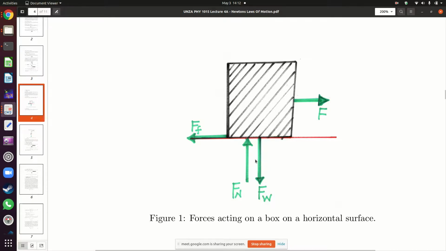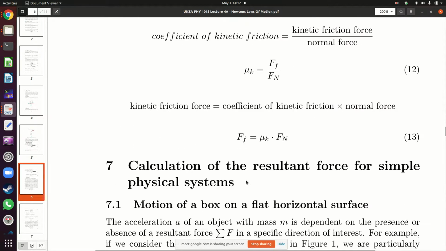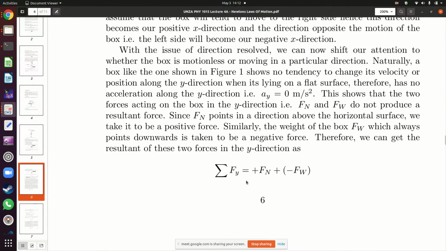So from the word go, the resultant force along the vertical direction does not make the box change its velocity. Okay. So with that choice of forces, we start by working out the resultant force in the y direction. We have chosen forces pointing above the surface to be positive. So in that case, our normal force is going to be a positive force.